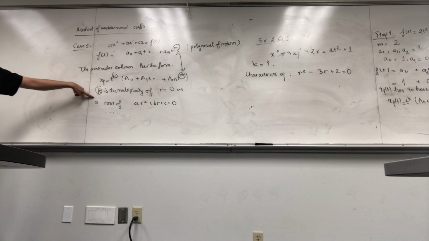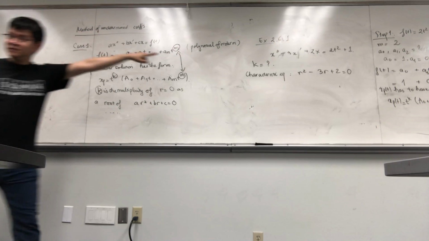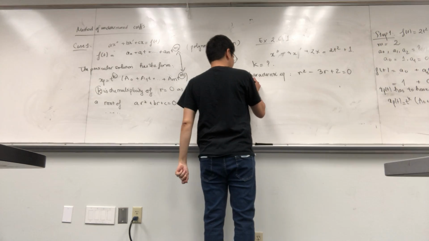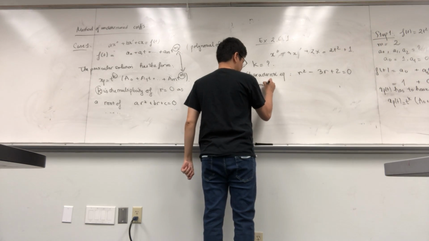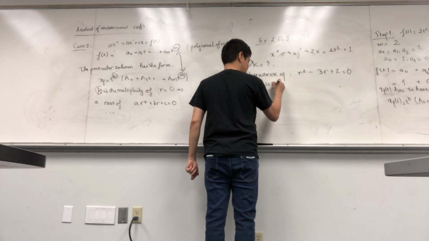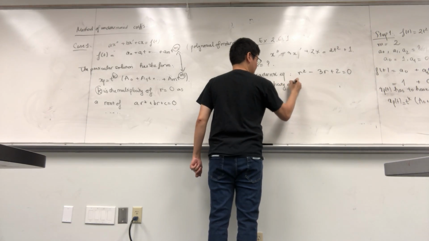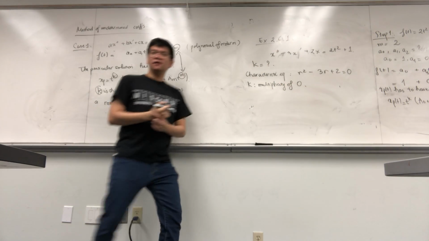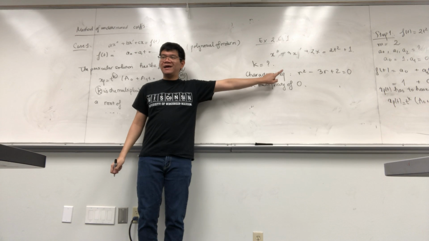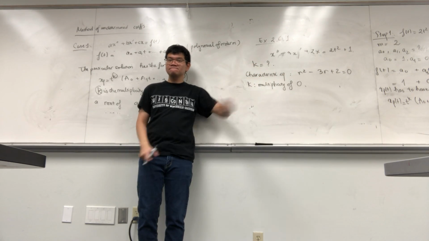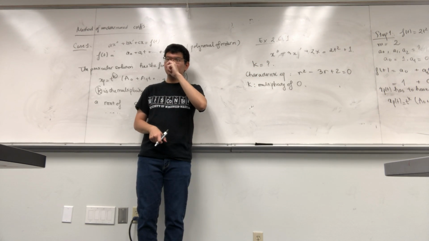Now k here is the multiplicity of 0 as a solution of this equation, right? k is the multiplicity of 0. So what is the multiplicity of 0 as a solution of this equation? 0, because it's not a solution.